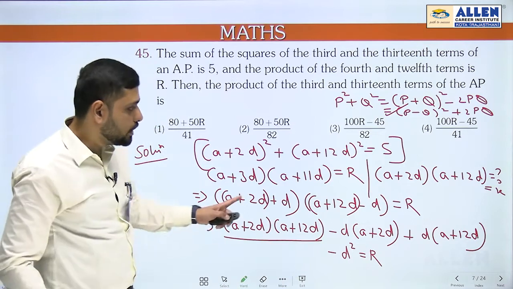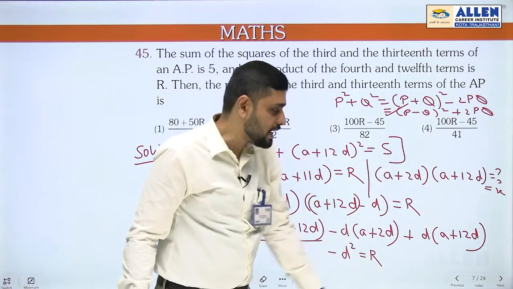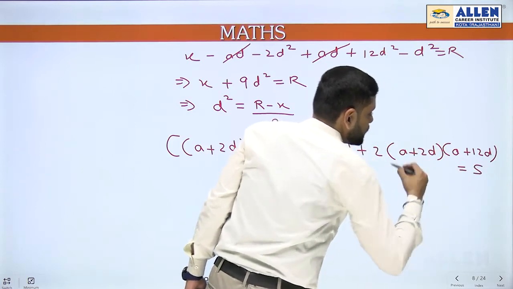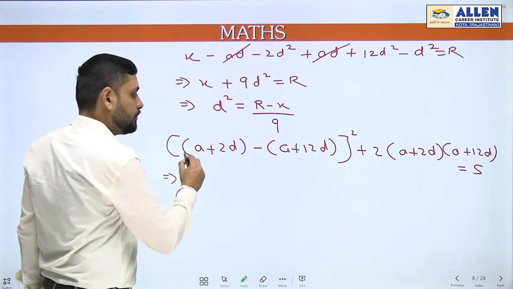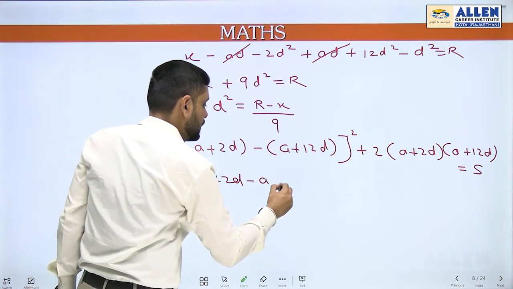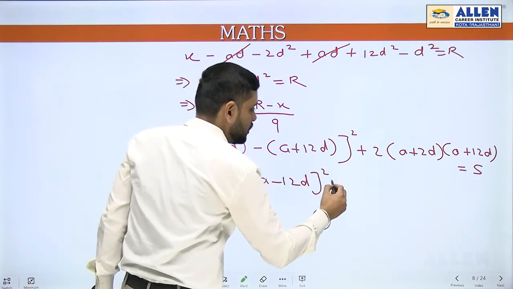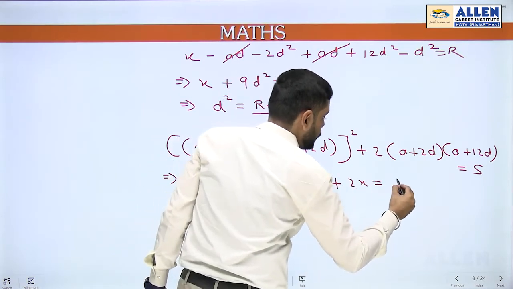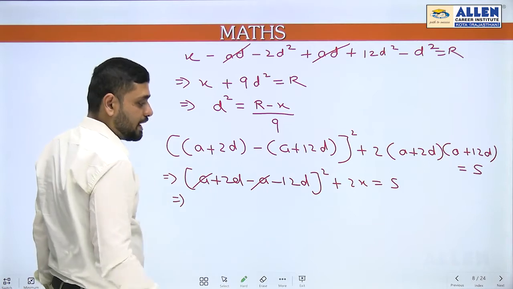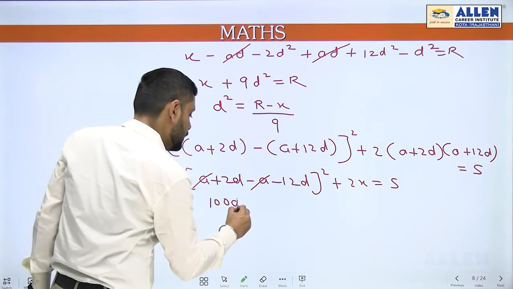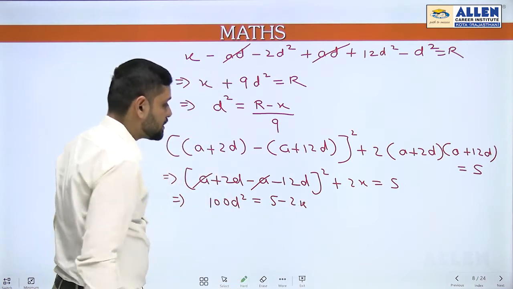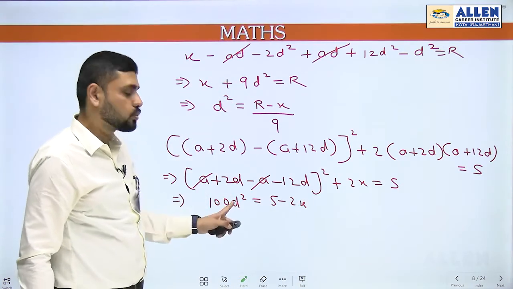And according to the question, a plus 2d into a plus 12d is x, which is equal to 5. This is what is given, right. Now if we simplify this bracket part, it will be a plus 2d minus a minus 12d whole square plus 2x equal to 5. This will get cancelled. 2d minus 12d is minus 10d, so it will be 100d square equal to 5 minus 2x, and now we'll keep this value of d square here.